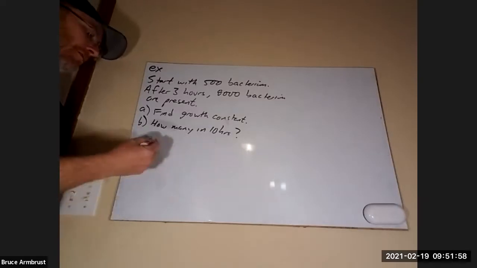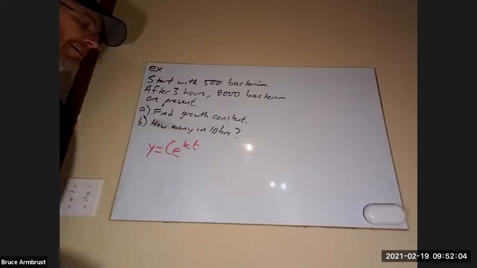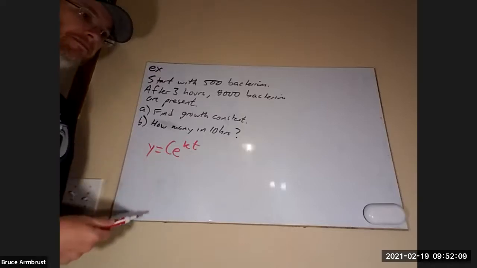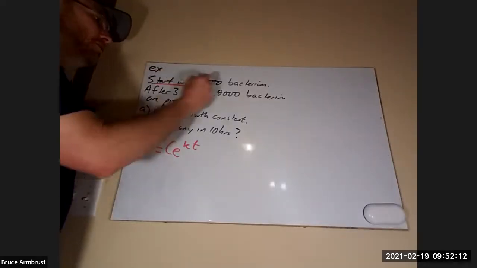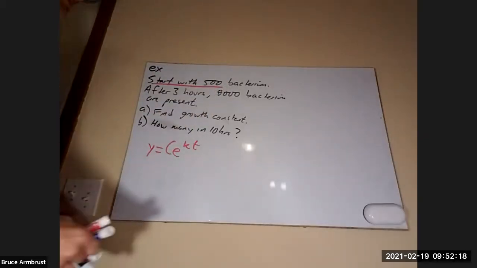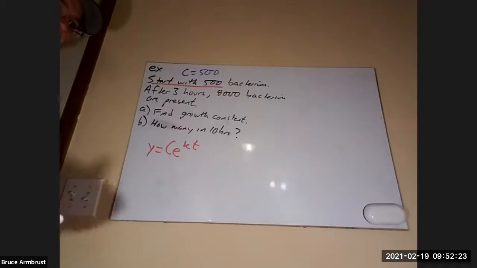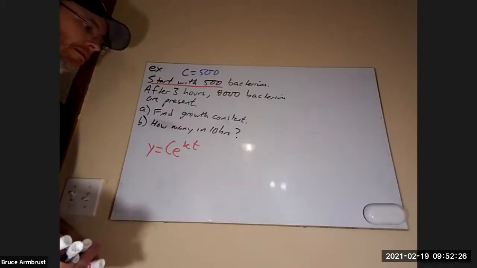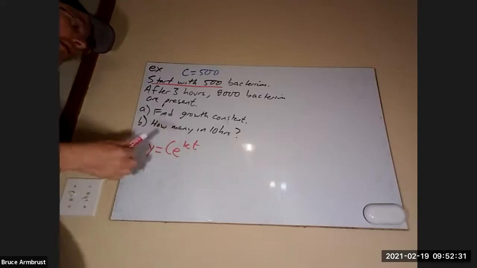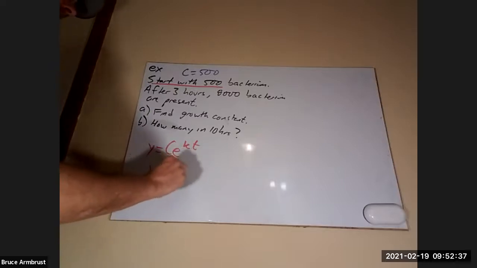All right, so here's what we're going to do. Let's go back to the y equals Ce to the kt. And let's start building this equation. So first thing, we know that we started with 500. So that's going to tell me that C is equal to 500. Awesome. So now that still doesn't help us find k directly, but we also know another combination of y and t.